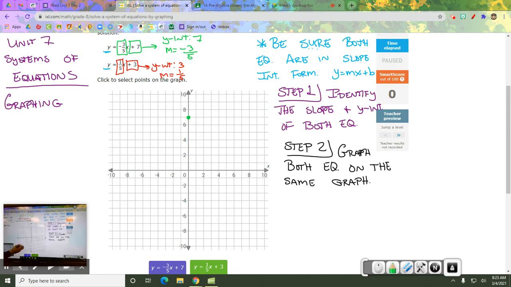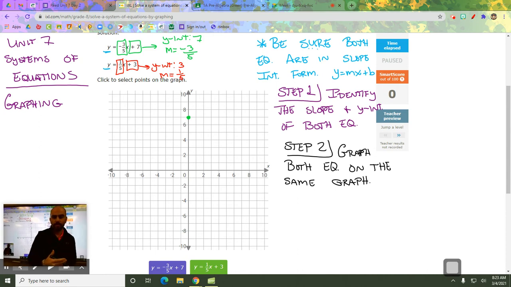Then I'm going to use my slope. For this first line, I would make as many points as possible. That way, when you graph your second equation, a lot of times it'll be easy to find your solution. Our slope is negative 3/5, so I'm going to go down 3, 1, 2, 3, and right 5, 1, 2, 3, 4, 5. Down to do another point, down 3 and right 5.